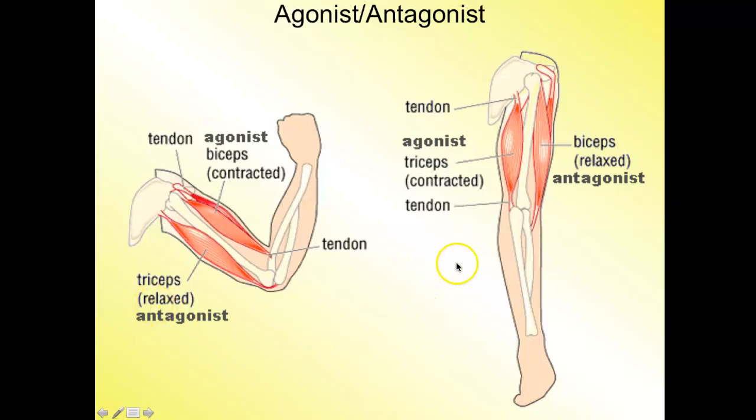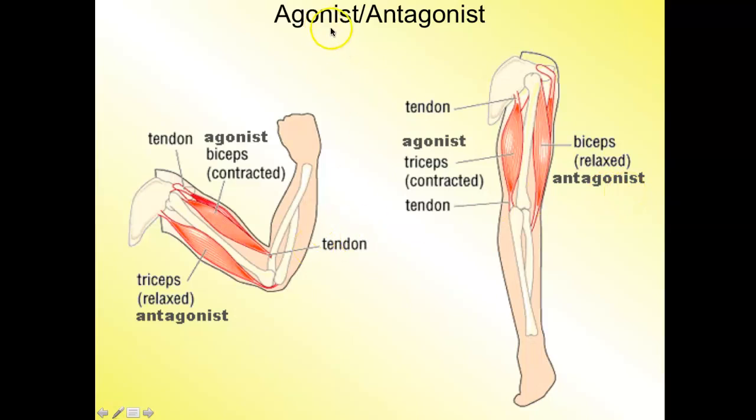However, if we look at the opposite action, if we say, okay, I want to talk about elbow extension, what's the muscle that's going to be responsible for extending our elbow? Now it's going to be the triceps brachii. And in this action, the triceps brachii is going to be the agonist, right? It's going to be the prime mover for elbow extension. And then the biceps becomes the antagonist.